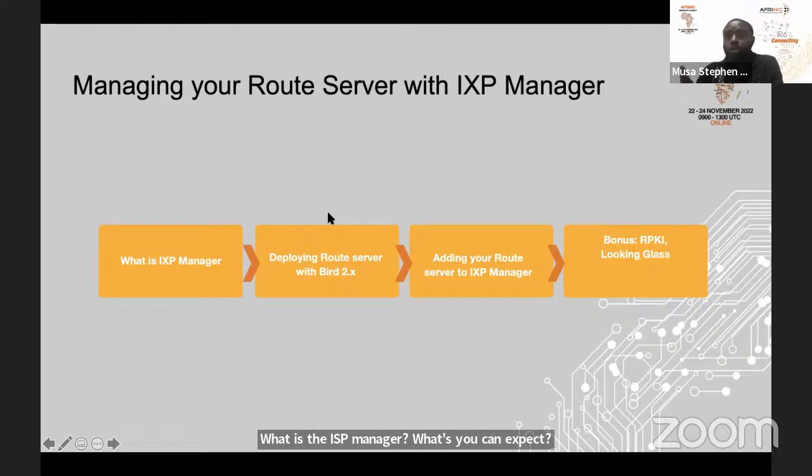And we are going to deploy an instance of a route server and then add this route server to ISP Manager, and then we'll see how ISP Manager automates the configuration. And we are also going to see all the features that are available in ISP Manager.